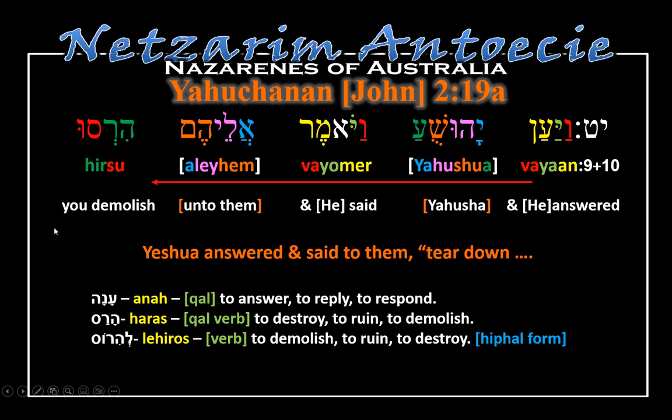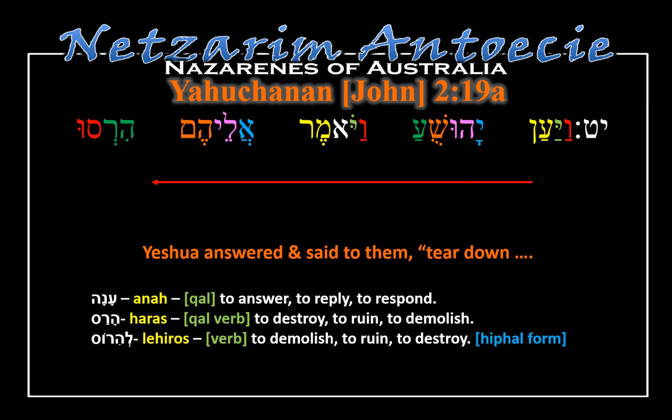Here, su, you demolish. So let's have a look down here at what we can find. Haras is a kal verb to destroy, to ruin, to demolish. And lehiros is a verb to demolish, to ruin, to destroy, and it's a hifil form.